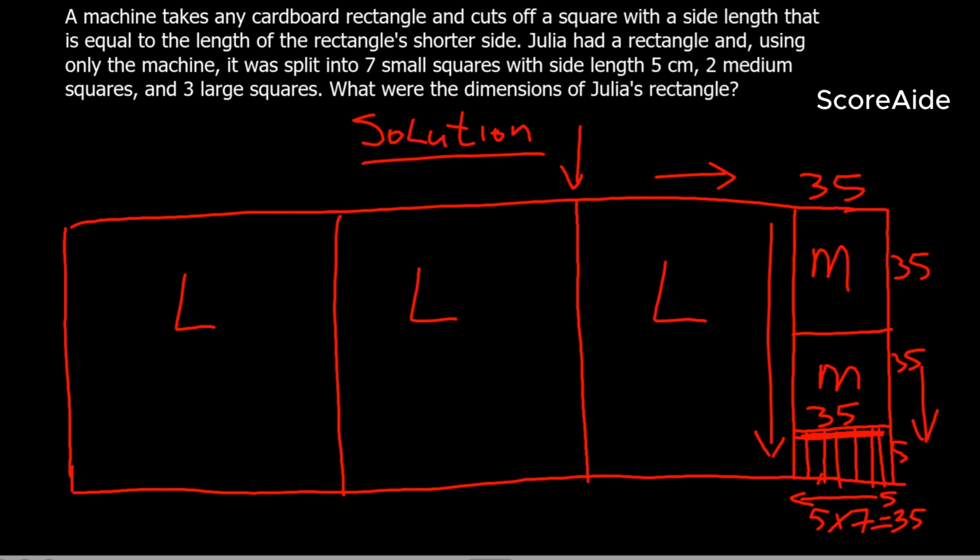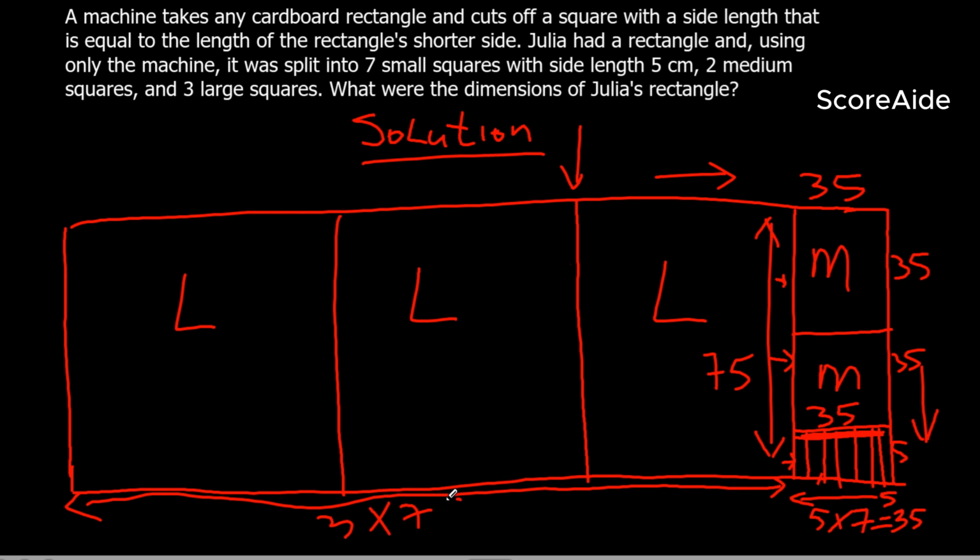All of these now will be 35 plus 35 plus 5, which gives us 75. And all of this will be 3 times 75.